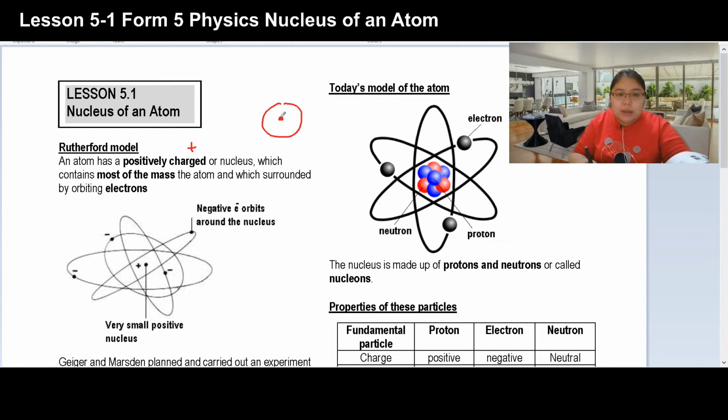That means the center contains the protons, which have positive charge, and also the neutrons. Most of the mass of the atom is from the center, and the electrons surround it. This is what the Rutherford model is talking about.